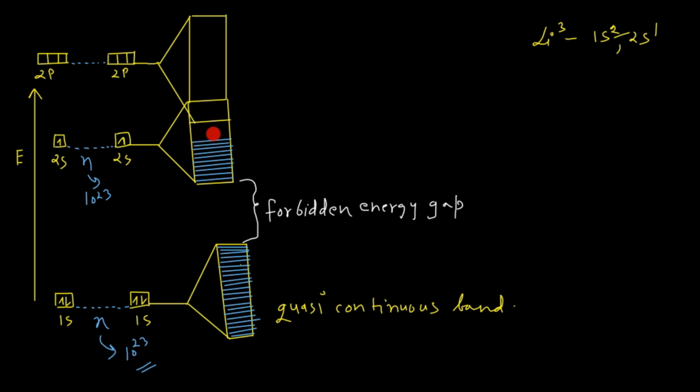This is quite clear. That means, in case of the metals, generally what happens, if you keep this lithium at room temperature, sufficient energy is available for these electrons, and they can move from this filled half to the empty half, right?